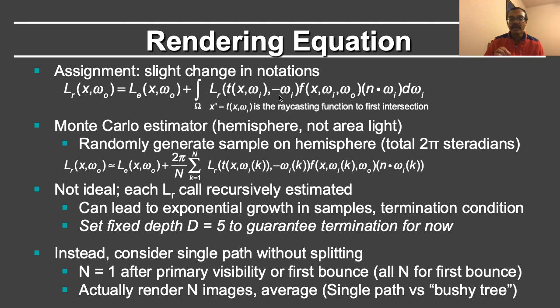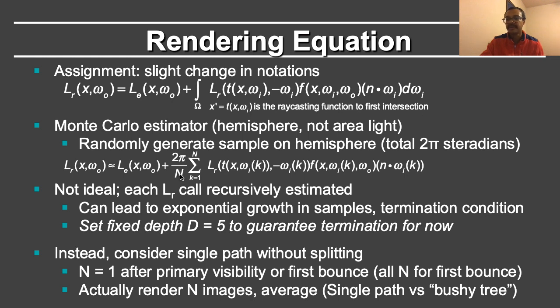We now need a Monte Carlo estimator that doesn't integrate over an area light source, but integrates over the entire hemisphere. In order to do that, we randomly generate a sample on the hemisphere, and the hemisphere corresponds to a total of 2 pi steradians. Therefore, the probability of generating any point on the hemisphere is 1 over 2 pi. When you divide by that probability, you end up multiplying by 2 pi here.